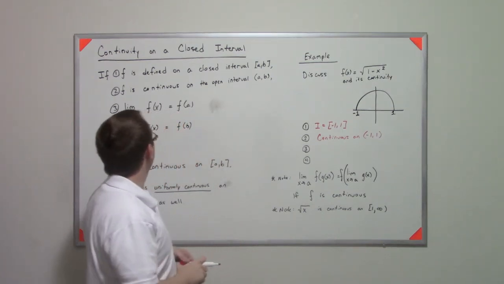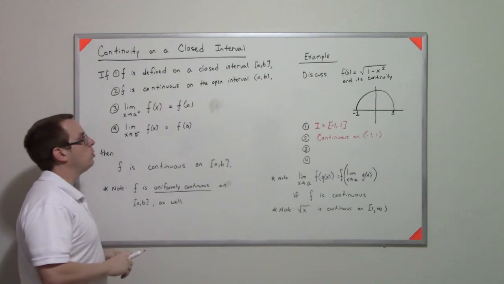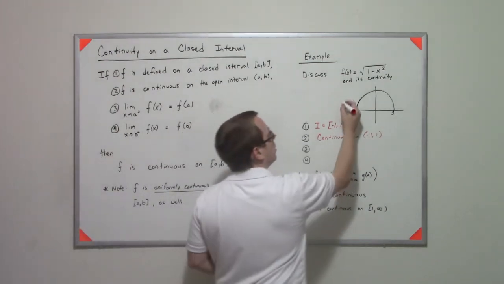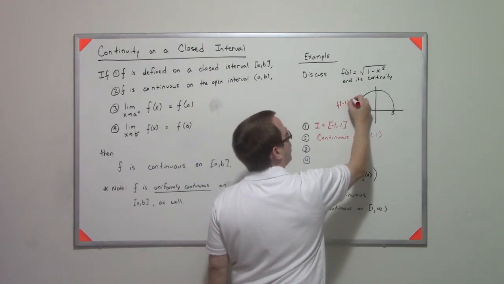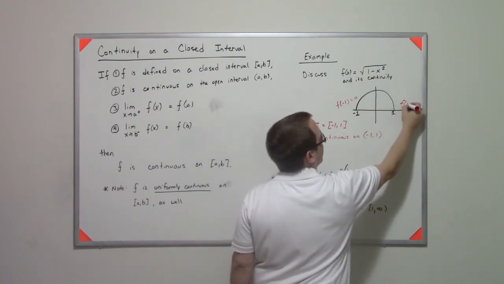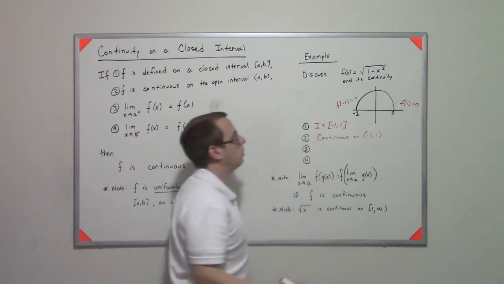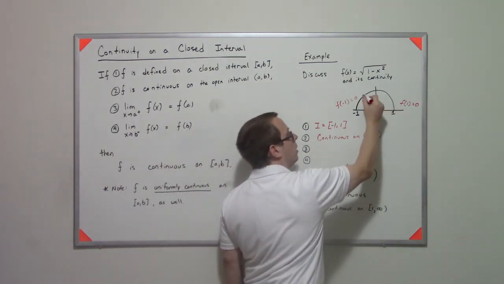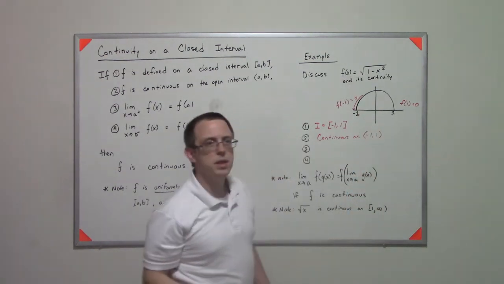The third one is, is the limit as it approaches from the right equal to the function value? Well, in this case, f of -1 is 0, f of +1 is 0. So the limit, as you go this way, is it actually 0?